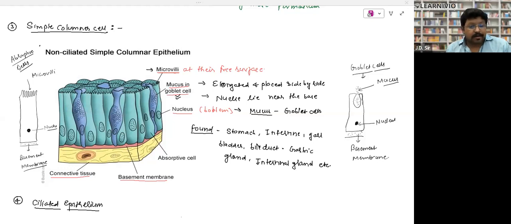The cells are elongated and placed side by side like a column.